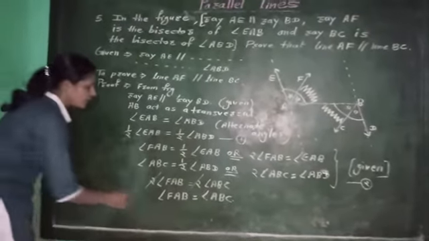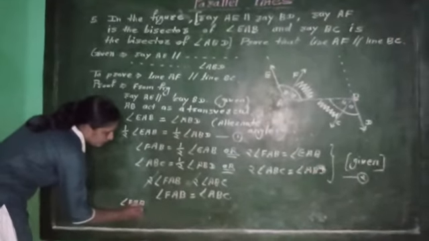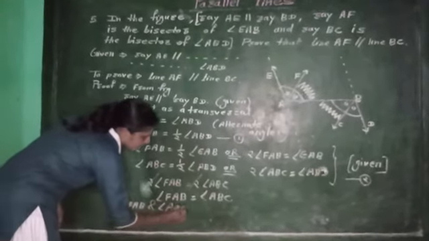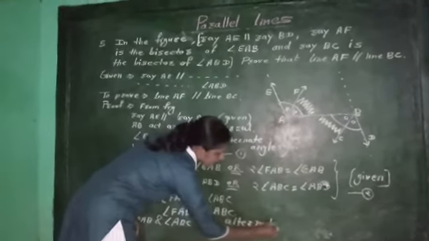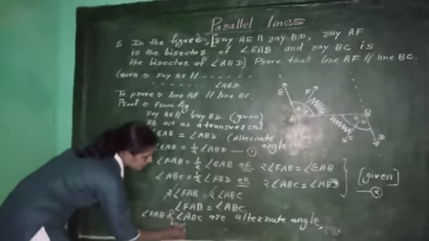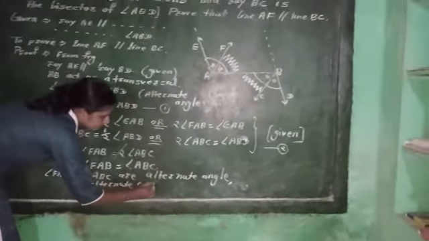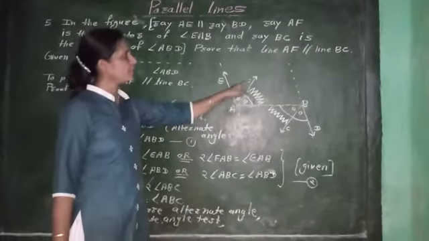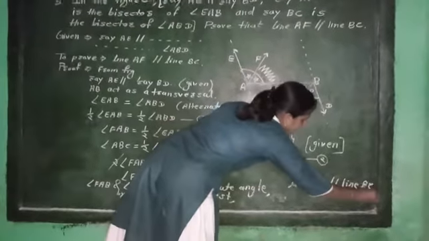We can write here angle FAB and angle ABC are alternate angles, and by the alternate angle test, line AF is parallel to line BC. Hence proved.